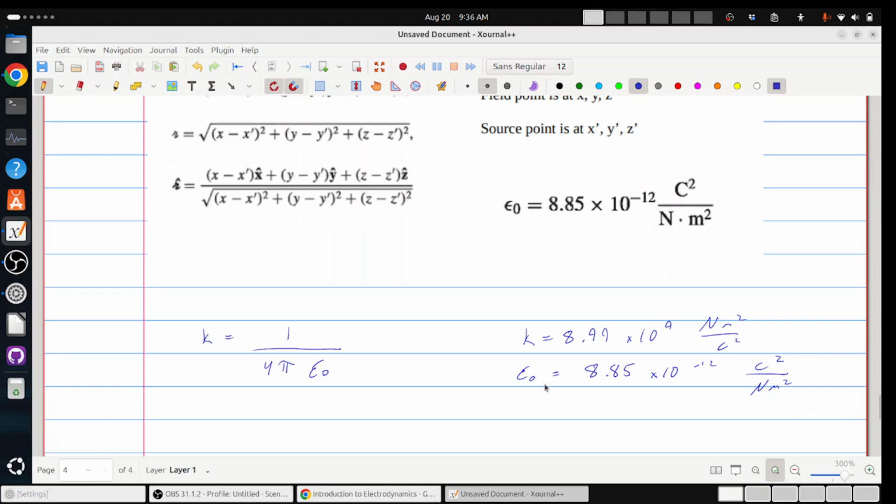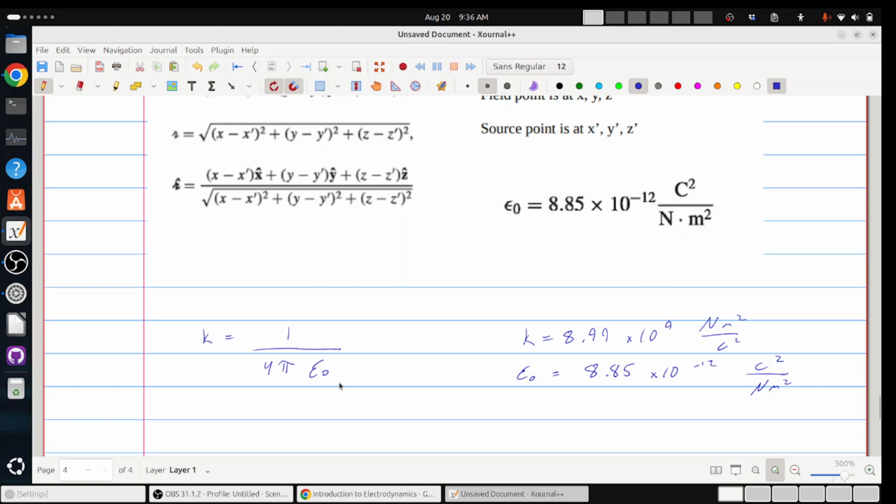It is fundamentally more closely related to what's going on, and so this course uses that. But if you're solving a problem that has 1 over 4 pi epsilon naught, and you want to just plug in 8.99 times 10 to the 9th, you're free to do that. We're just simplifying it a little bit. You can use either one when you plug it into the problem.